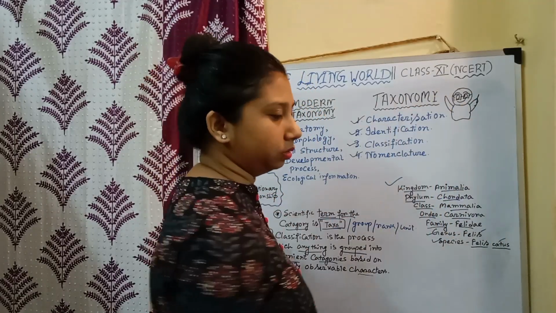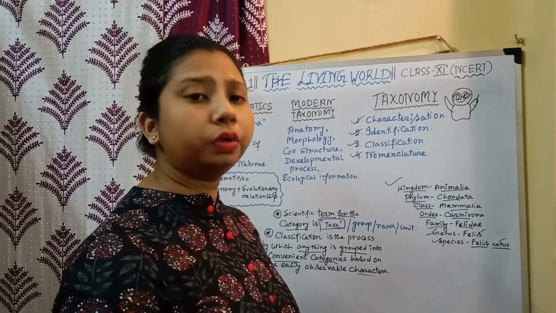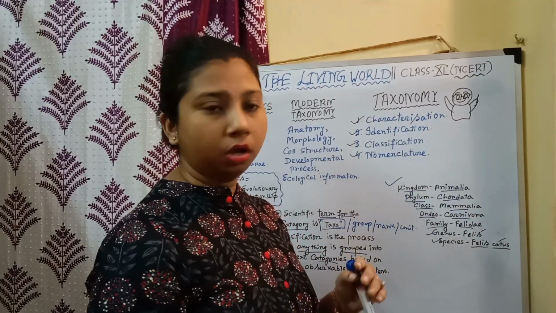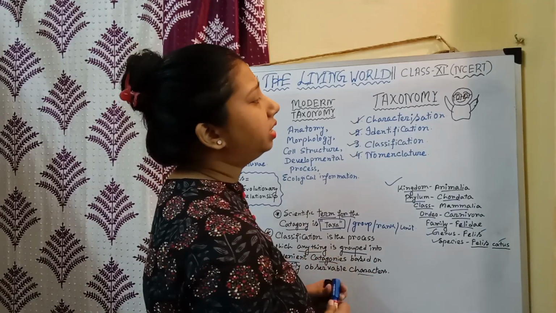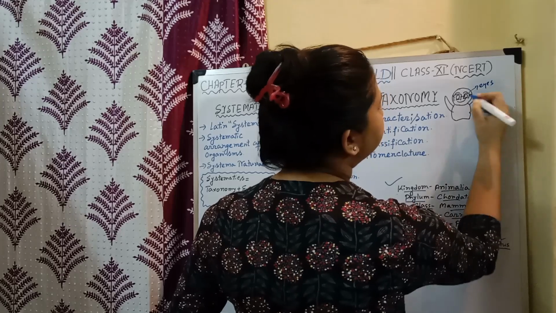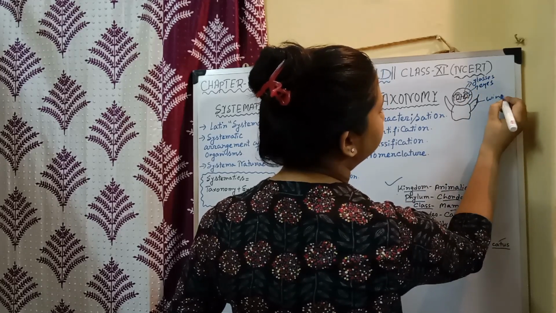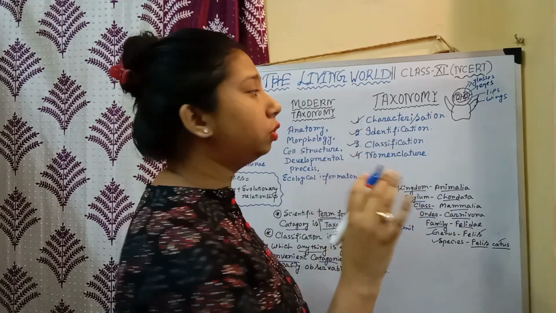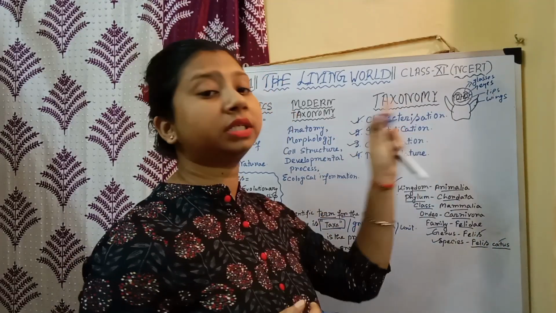First thing you have to do is write down all the characters of that organism. We can write that it has eyes, glasses, wings, and lips. So these are all characters, and the first thing we have to do is note down the characters of that organism. This is known as characterization.